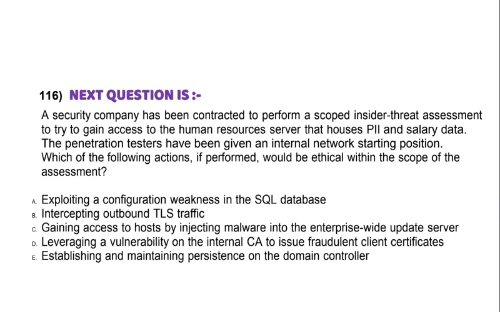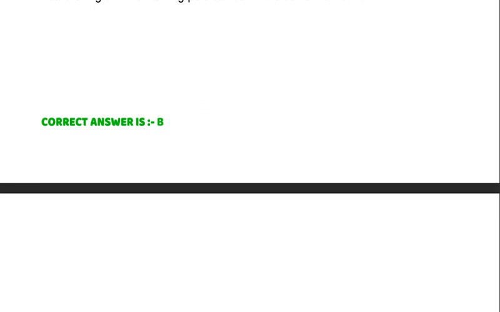Option B, intercepting outbound TLS traffic. Option C, gaining access to host by injecting malware into the enterprise-wide update server. Option D, leverage a vulnerability on the internal CA to issue fraudulent client certificates. Option E, establishing and maintaining persistence on the domain controller. Correct answer is option B.